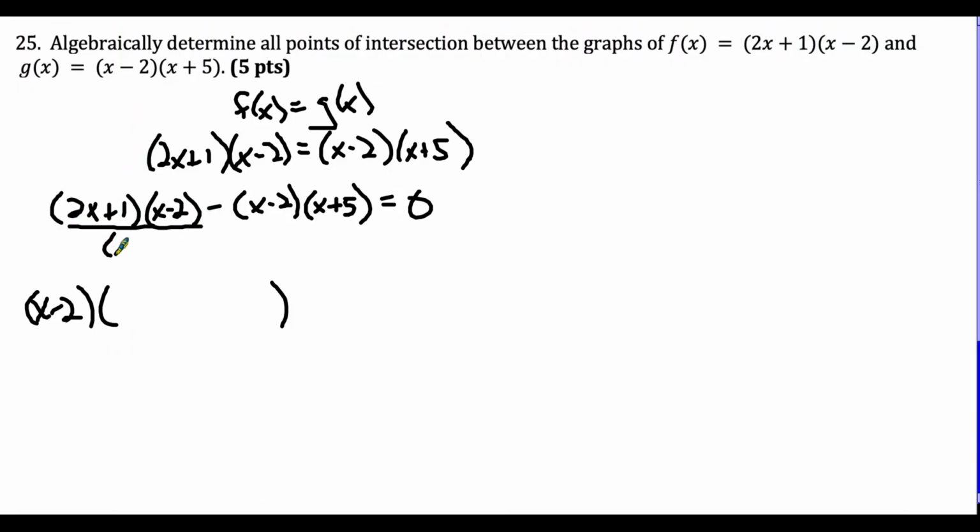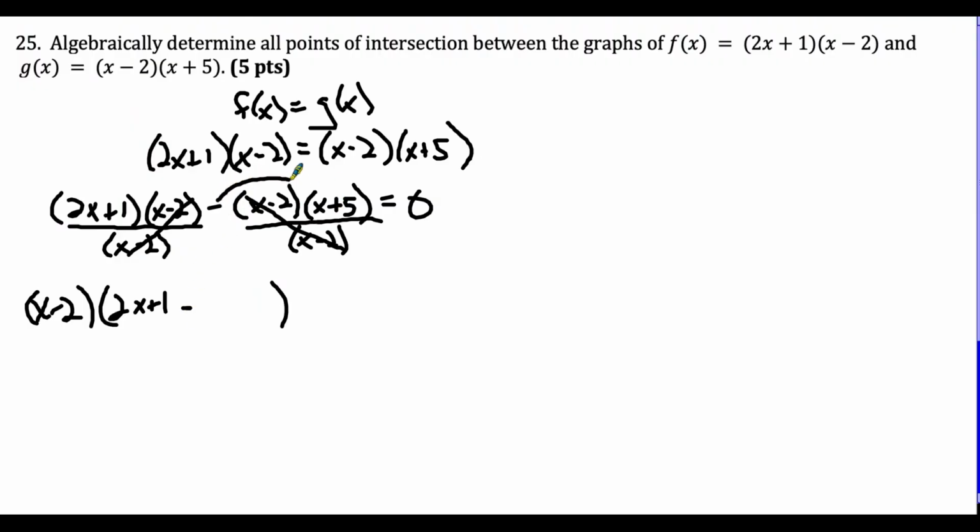Now, when I'm factoring something out, what I'm really doing is dividing each of these terms by that thing that I'm factoring out. So when my x minus 2's cancel here and are just equal to 1, I'm left with 2x plus 1. Here then, when my x minus 2's cancel, I'm left with minus x plus 5. So we have to be careful here.